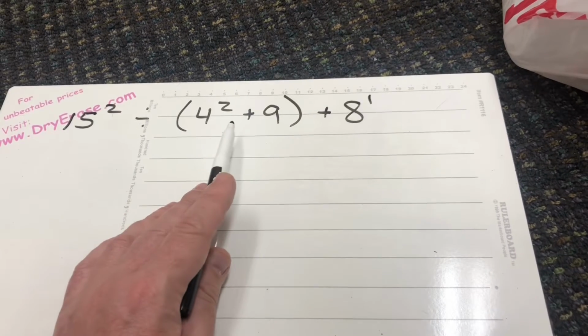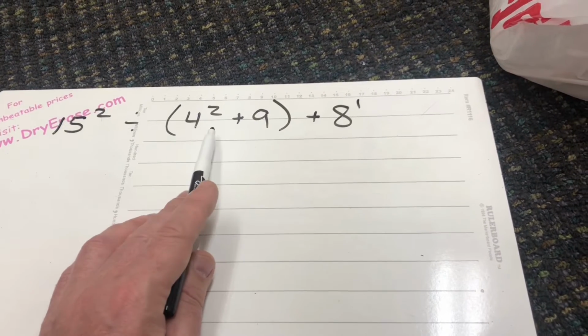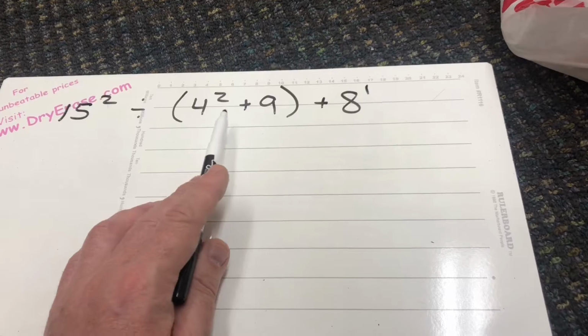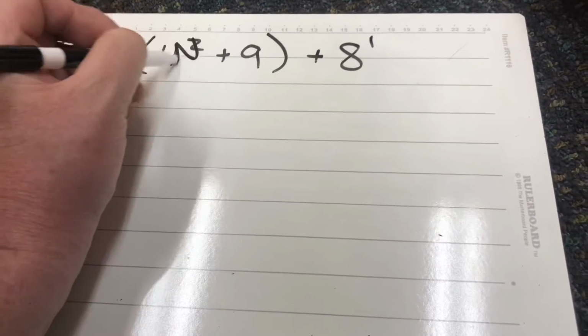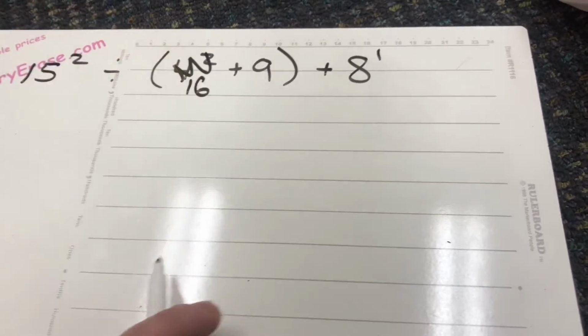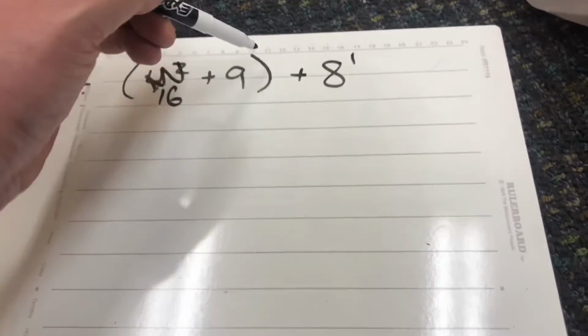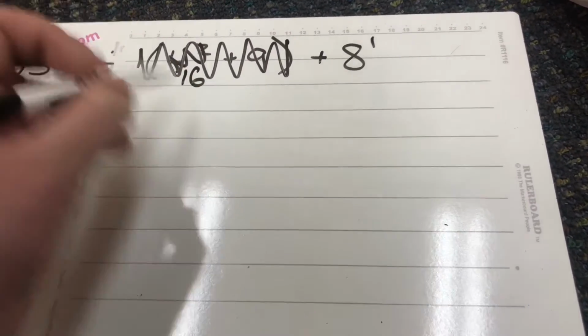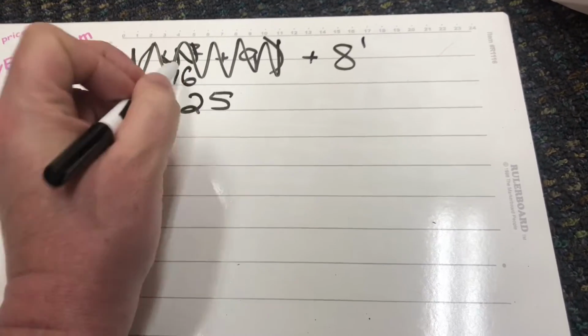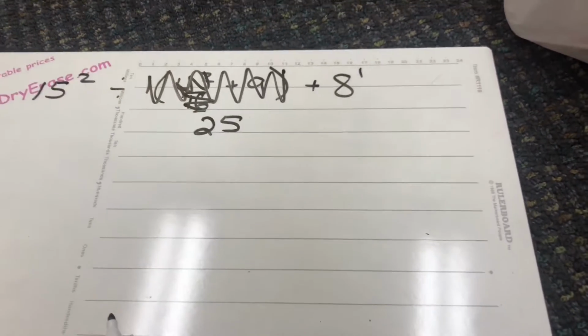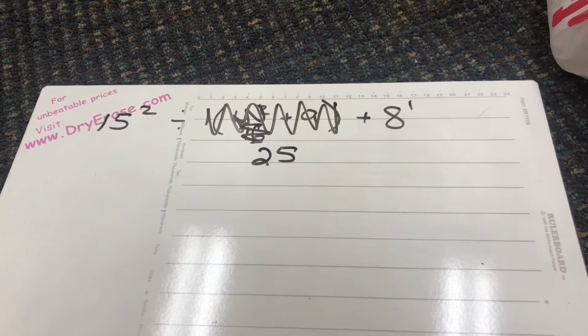Well, remember 4 to the power of 2 is going to be 4 multiplied out twice, or 4 times 4. 4 times 4 is 16. That leaves me with 16 plus 9. Well, 16 plus 9 is 25. So the parentheses is equivalent to 25.